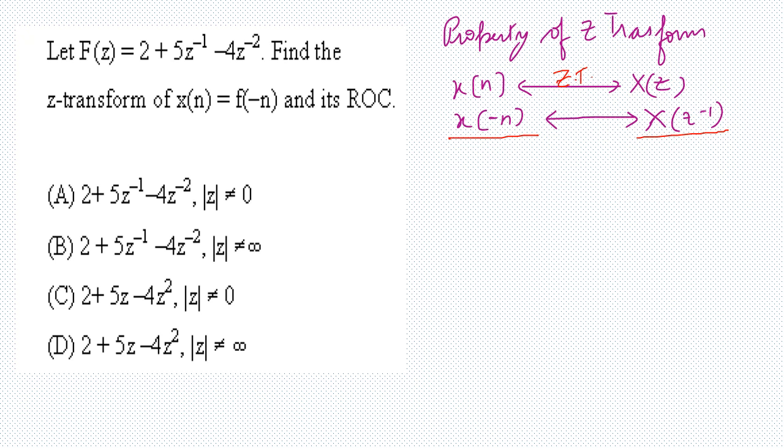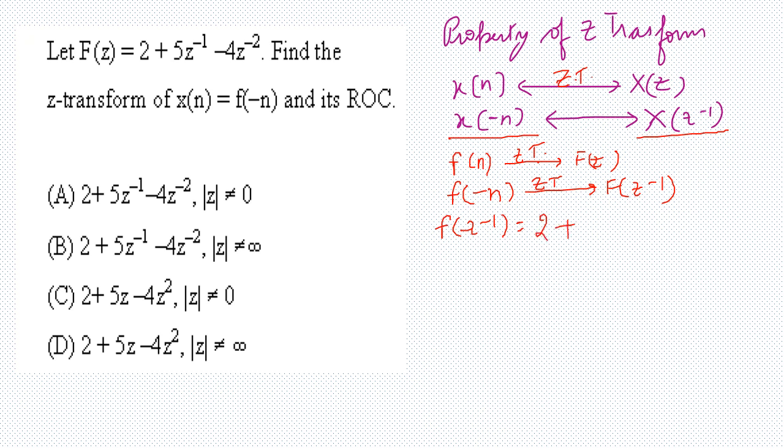Here we can write that f of n has a Z transform of f of z, then f of minus n will have a Z transform of f of z inverse. How can we write f of z inverse? We simply substitute z with z inverse.